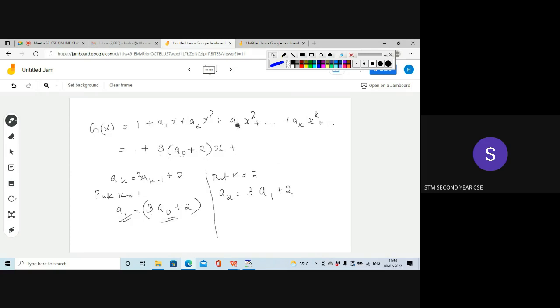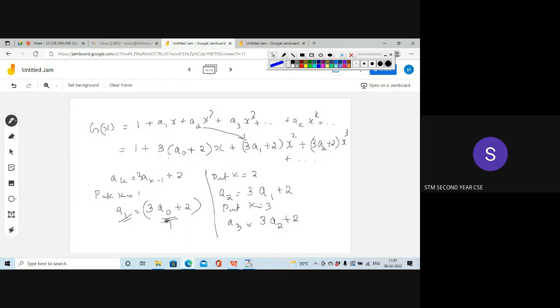So here instead of a2, what I'm going to write is 3 into a1 plus 2 into x square plus, instead of a3, when I put k is equal to 3, I will get a3 is equal to 3 into a2 plus 2 into x cube, and so on.